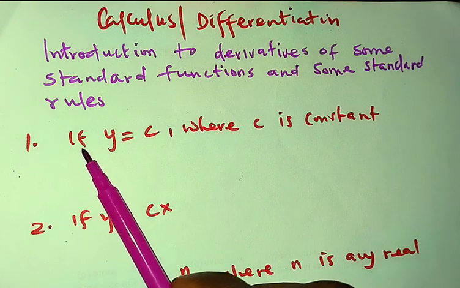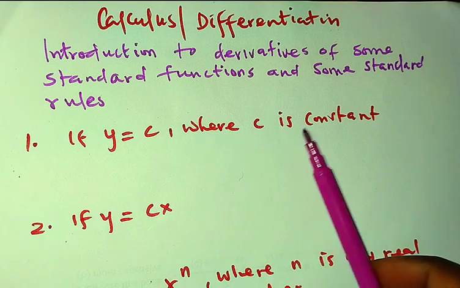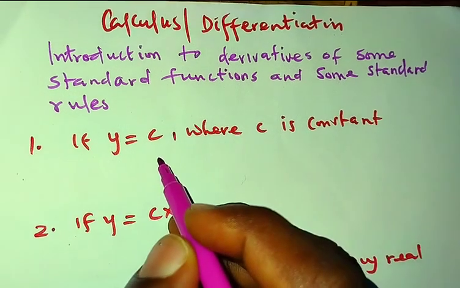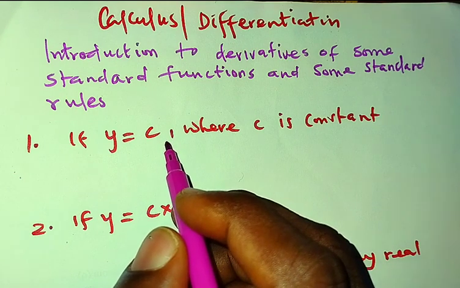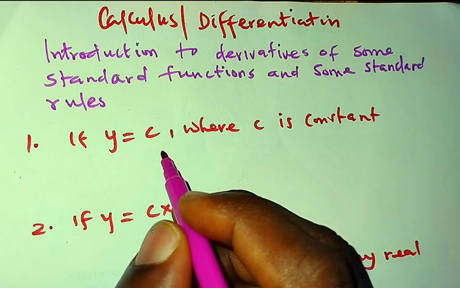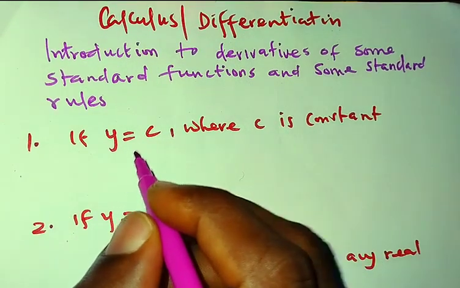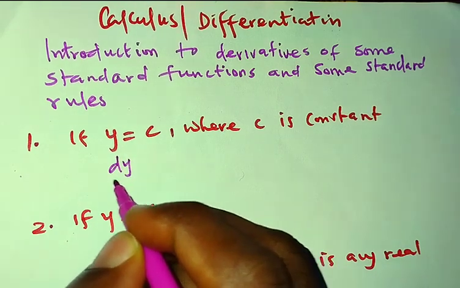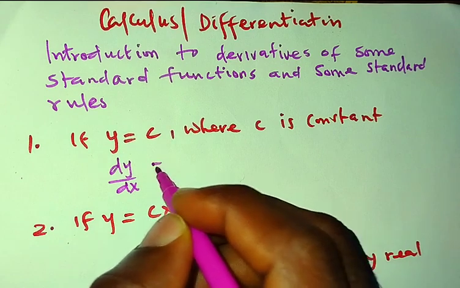So here I have if y equals c, where c is constant. Here c is constant is like when you have your c to be just an ordinary number like y equals 2. So where your c is constant, the derivative of this, dy/dx with respect to x, is going to be 0.